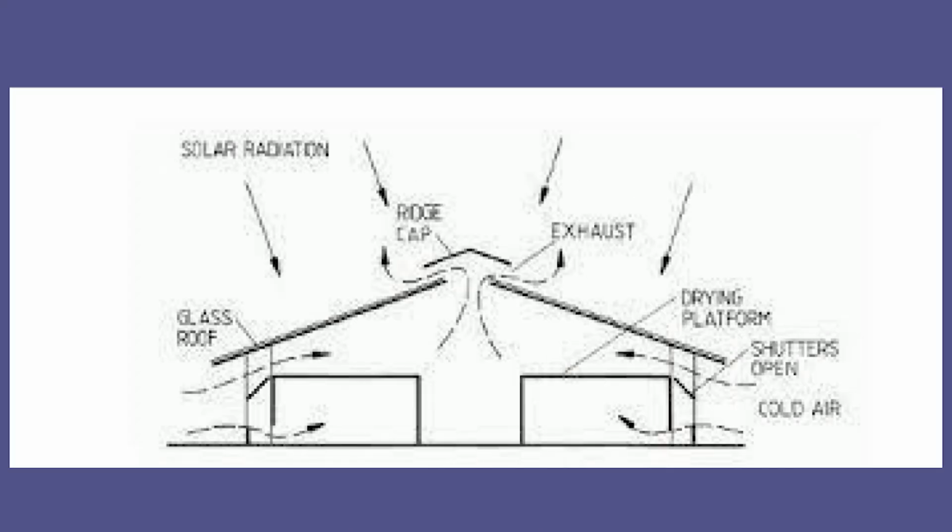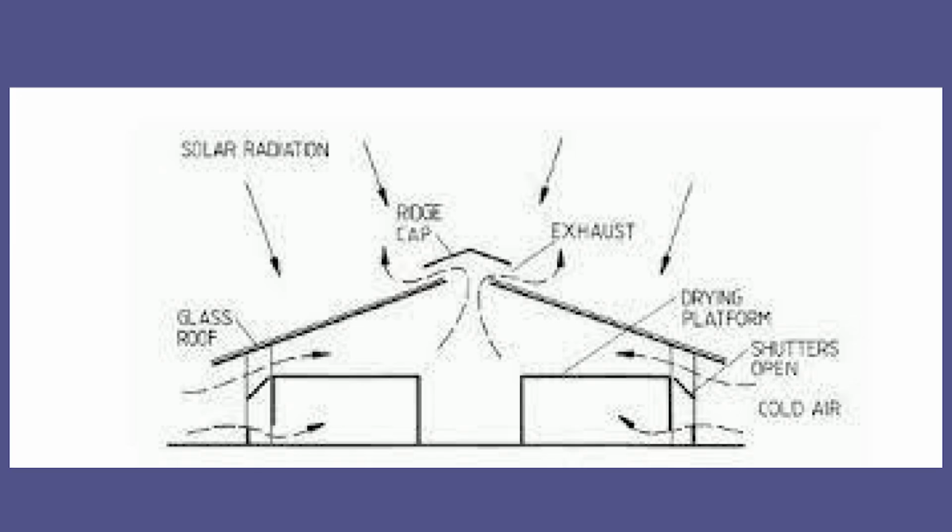Here in this diagram you can see that this dryer consists of two parallel rows of drying platforms along the long side, with galvanized iron wire mesh surface laid over the wooden beams. A fixed slanted glass roof over the platform allows the solar radiation to fall over the product.